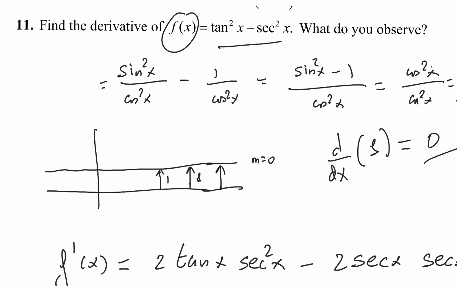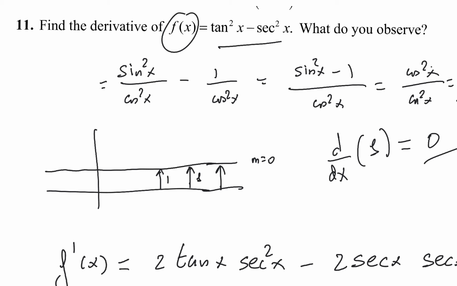The recording stopped, so I will say what I did. The first thing that I will do is, let's say that I make a little bit of algebra here. I know that tangent square of x is secant square of x minus 1, and then cosine square of x minus secant square of x, that is 1 divided by cosine square of x. If I make the subtraction of these two fractions, it will be sine square of x minus 1 divided by cosine square of x, because they have the same denominator.